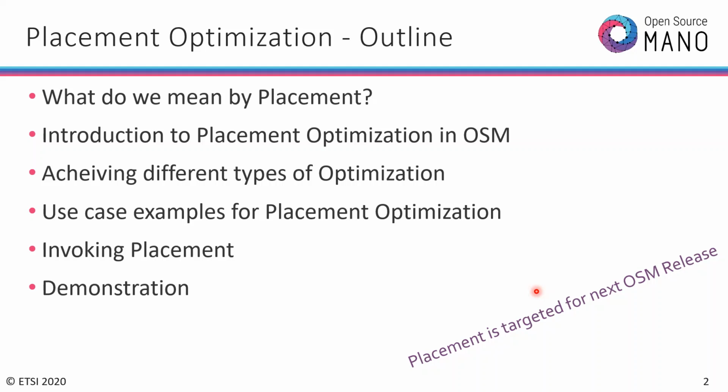We'll look a bit at different use case examples where this can apply. We'll have a look at how you invoke this feature, and then we end with the demonstration, so we show a bit of what you can do and what's happening and so forth.